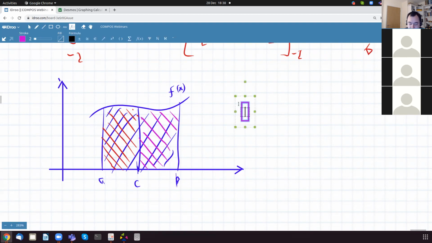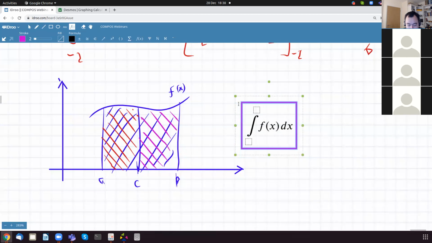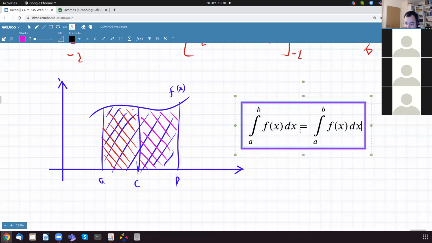So quite an obvious consequence is that the integral of f of x dx between a and b is equal to the integral between a and c plus the integral between c and b.